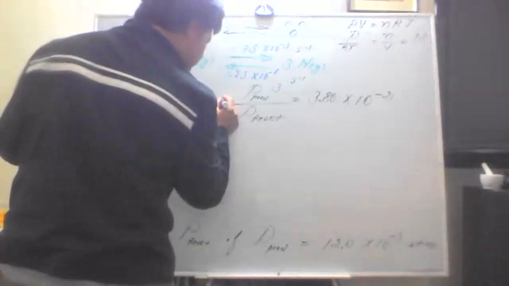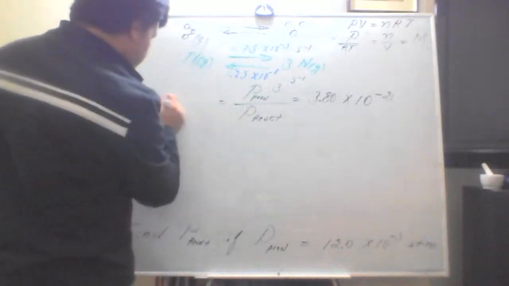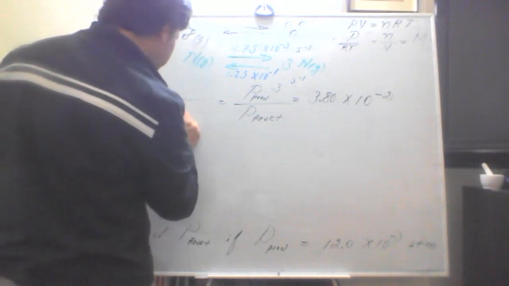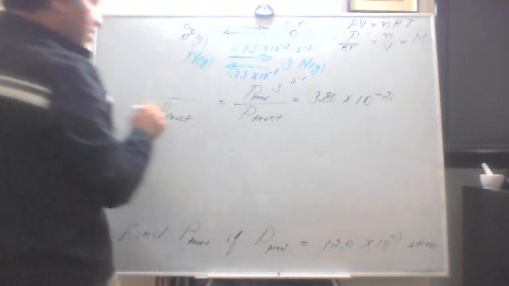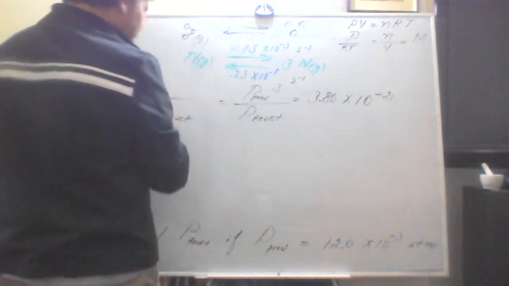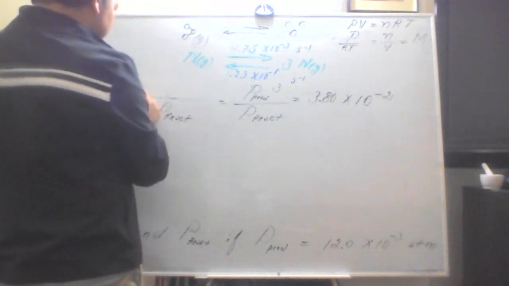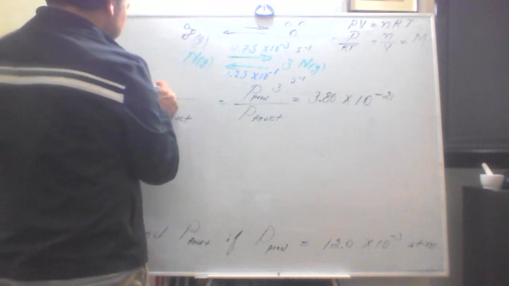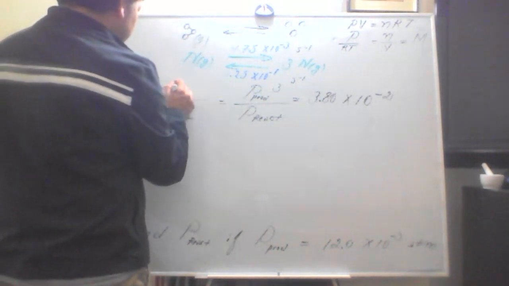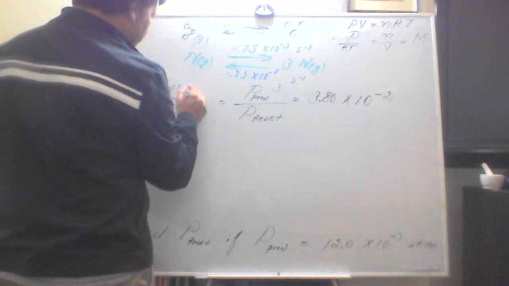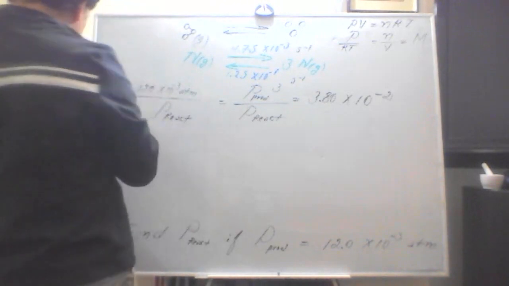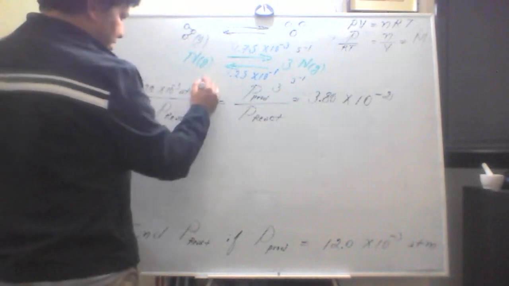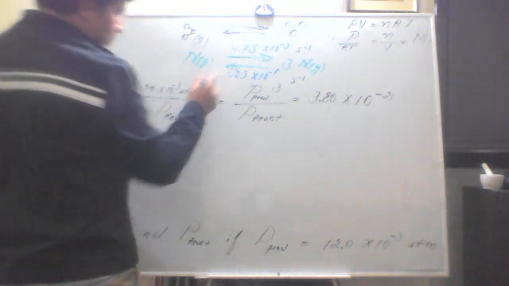The partial pressure of the reactant is the one we don't know, but we know the partial pressure of the product is 12.0 times 10 to the minus 3 atmospheres. And then we write in a different color to remind you that this is to the third power.